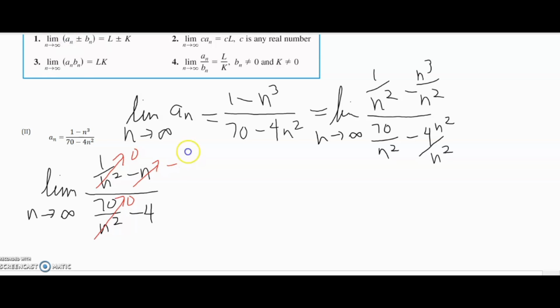Let me rewrite that better. So I have negative infinity on the top and negative 4 on the bottom. So that's still infinity. Unfortunately, this particular sequence diverges.